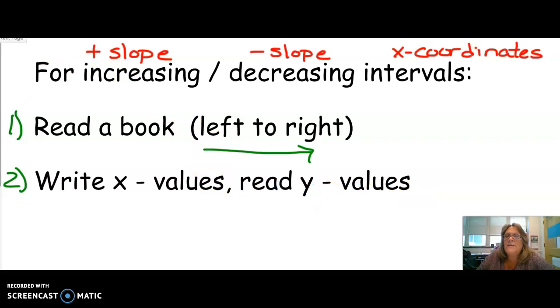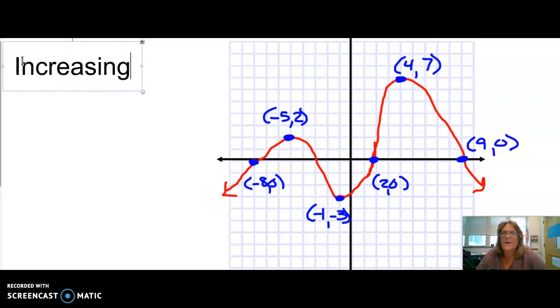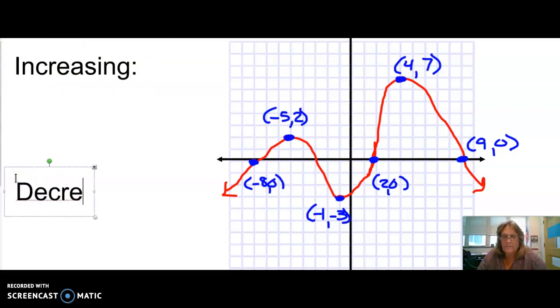So let's look at a little graph that I did for you. When we look at this, we've got a graph that kind of curves all over the place. Let's look at the increasing intervals first. So if I'm looking at my graph from left to right, I'm starting over here at the farthest left point.